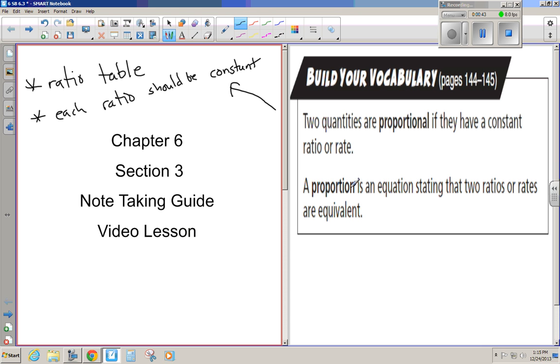They'll be the same number. A proportion is an equation stating that two ratios or rates are equivalent. So let's take a look here.